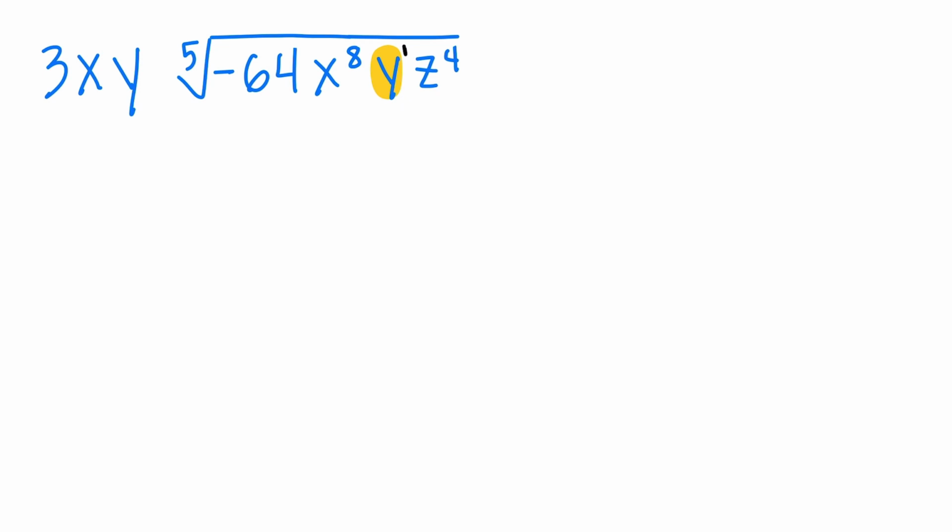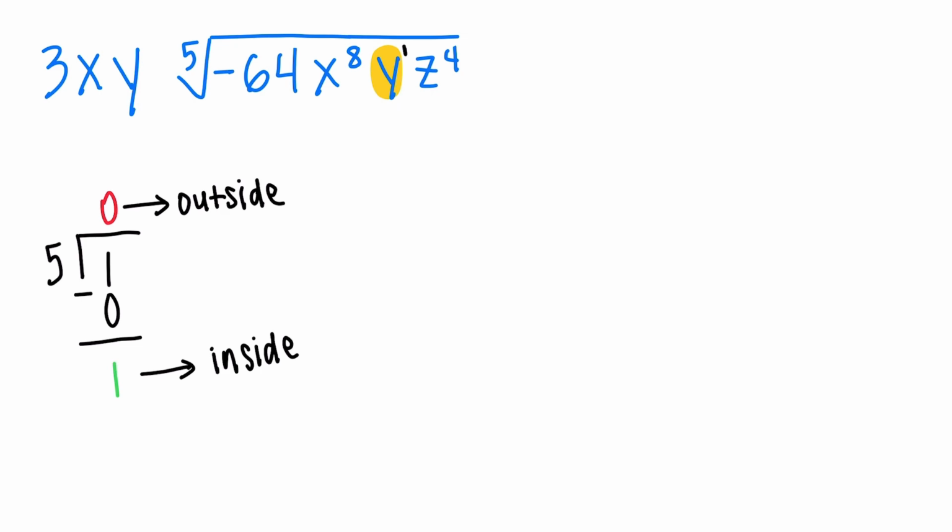Now we have y to the power 1 under the 5th root. We're going to do the same thing. Do the division: 1 divided by 5, you're going to get 0 on the top. Outside has the quotient, and 1 on the bottom is your remainder, and that goes on the inside.